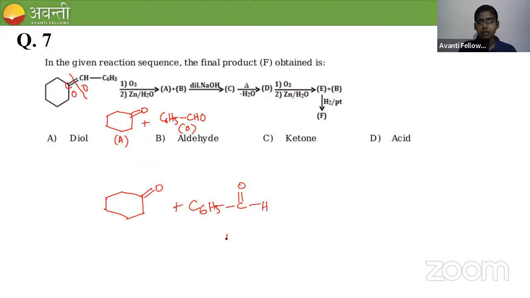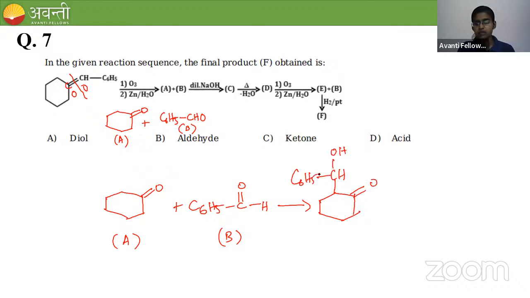In the benzaldehyde part, that is in compound B, we do not have alpha hydrogen, and only in compound A we have alpha hydrogen. So you have to remove one of the alpha hydrogens from the system and convert it. On conversion, you will get CHOH and C6H5 part here. The CO is getting converted to CHOH. This is compound C.